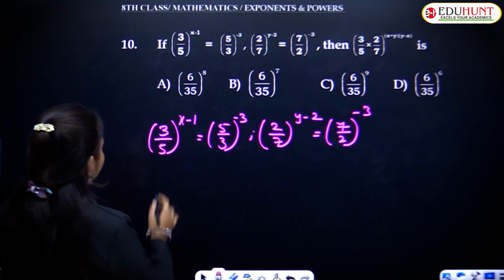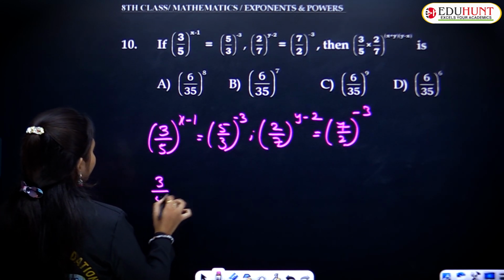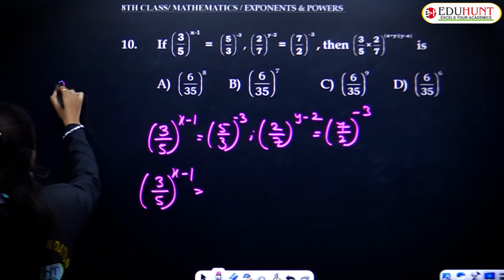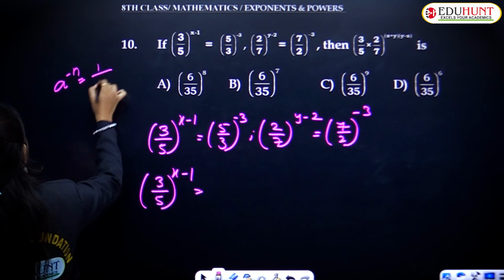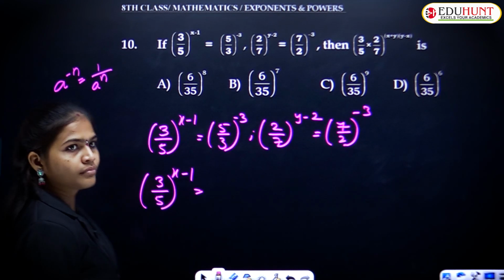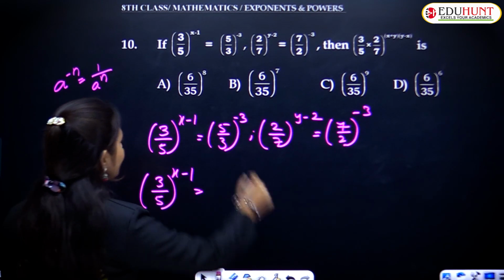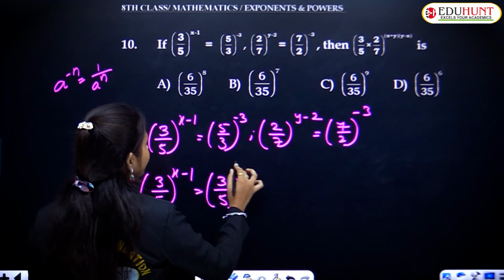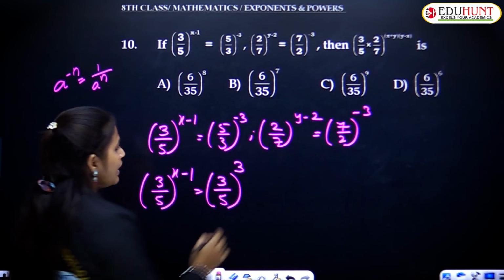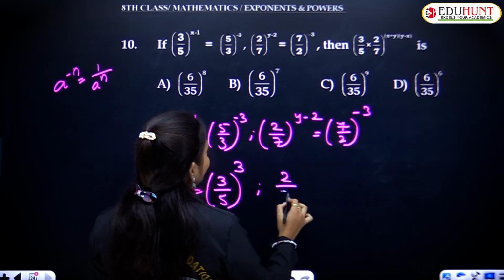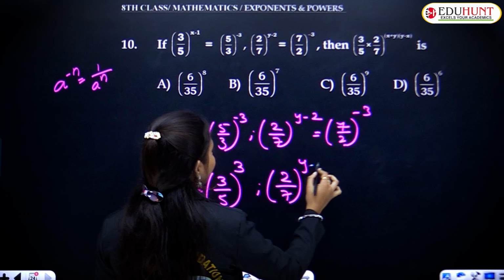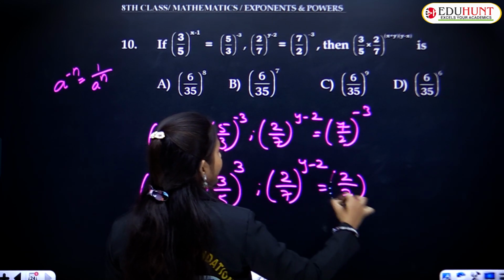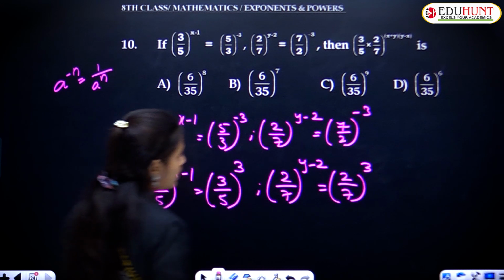So from this one, (3 by 5) whole power x minus 1 is equal to, this is in the form of a power minus n is equal to 1 by a power n. So by using that, 1 by (5 by 3) means (3 by 5) whole power 3. And in the same way (2 by 7) whole power y minus 2 is equal to, this is also the same, (2 by 7) whole power minus 3 becomes positive 3.